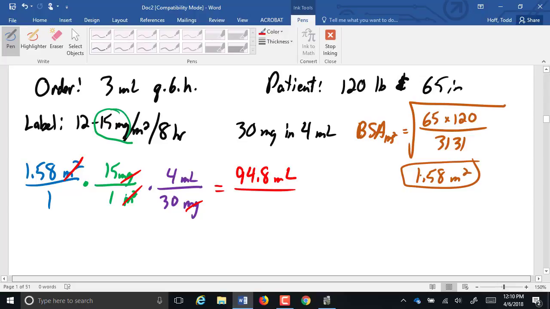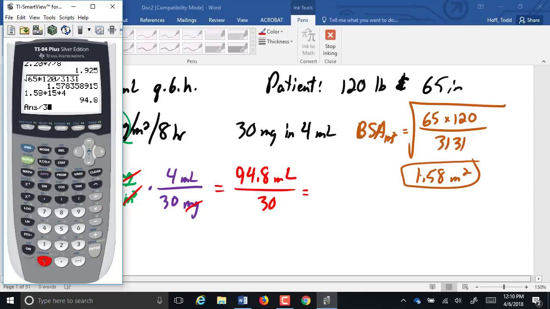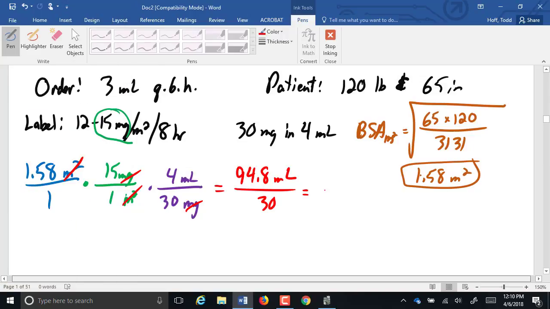And on bottom, 1 times 1 times 30 is 30. That is 3.16 milliliters. Our time frame there is for 8 hours.